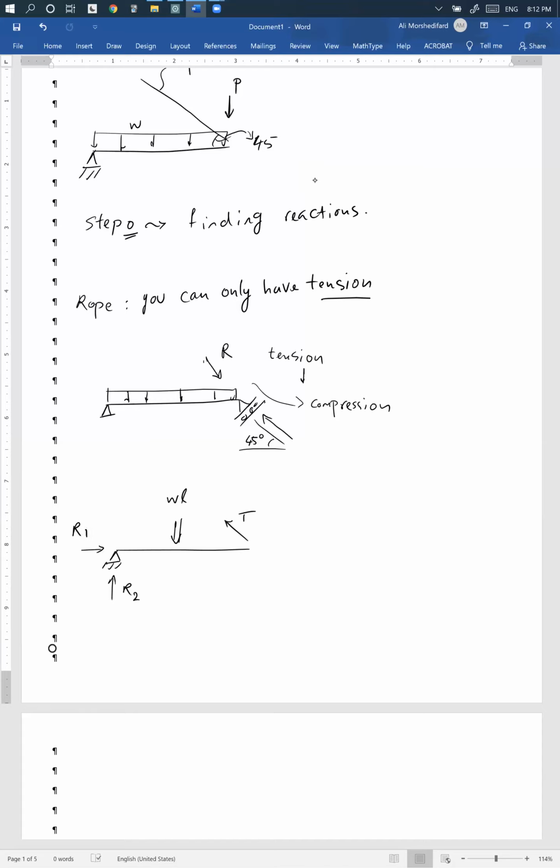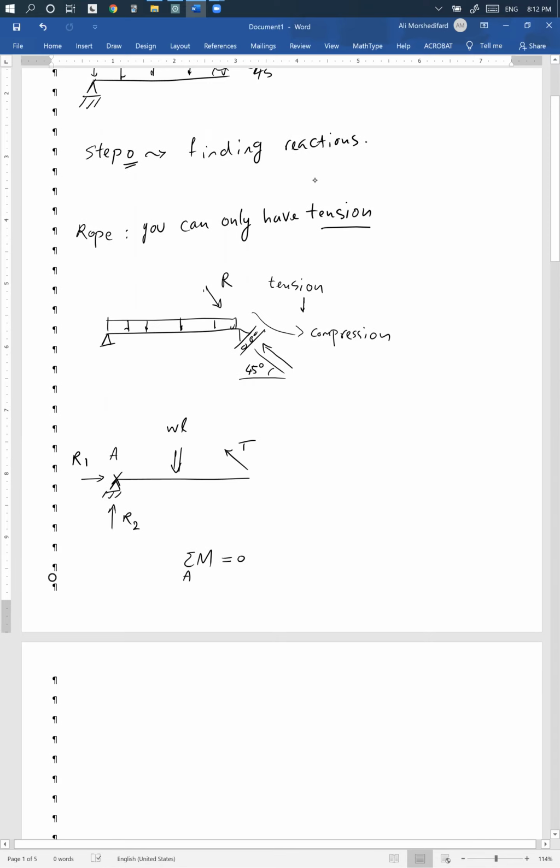So I have three forces. So we always have to be smart about where we take our moments about. So I choose this point, right? So I call this A. So I want to write sigma M about A equals 0, right? Let me put this on the left.